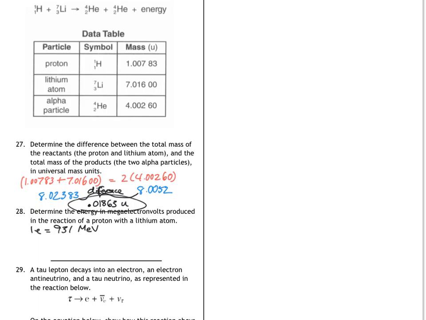So we'll start with our given, 0.01863 U, multiplying it by a conversion factor whose denominator is universal mass units and whose numerator is mega electron volts. And then we just need to fill that in. So, oh, it was not an E, it was a U, my bad. So there's one universal mass unit, 931 mega electron volts, and we just multiply this number and this number. And I got 17.34 mega electron volts, final answer.